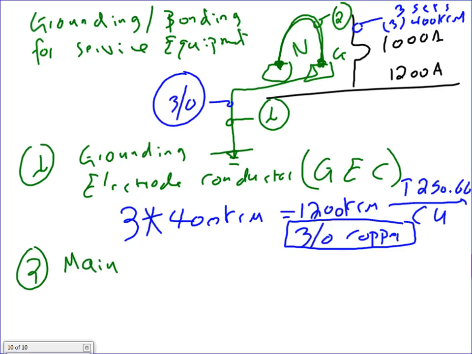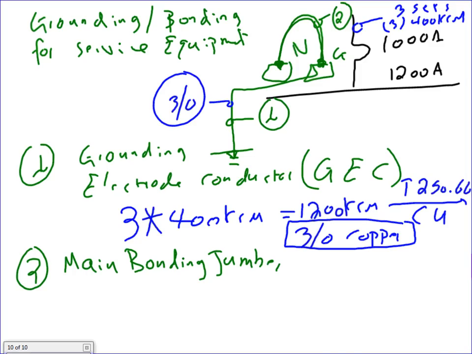Main bonding jumper. Main bonding jumper. 250.28, yep, 250.28.